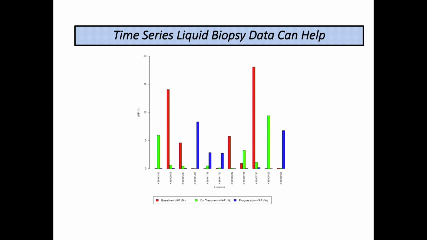And each color depicts a particular time point. Baseline is red. After treatment, 12 weeks into treatment is green, and progression and relapse is blue. As you can see, many of these mutations, and they are all present in the original solid tumor, change their prevalence during treatment.